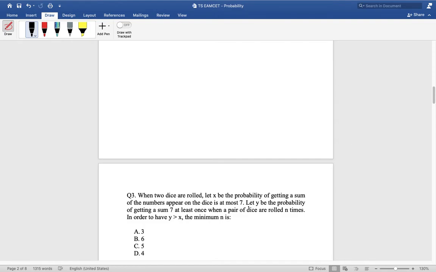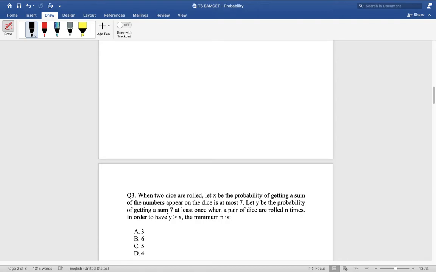So that will be x. And the second part of the problem is: let y be the probability of getting a sum of 7 at least once when a pair of dice is rolled n times. So if I roll a pair of dice n times, the event should be like 7 appearing once, then 7 appearing twice, then 3 times, n minus 1 times, or n times.